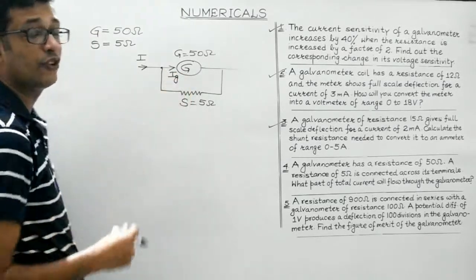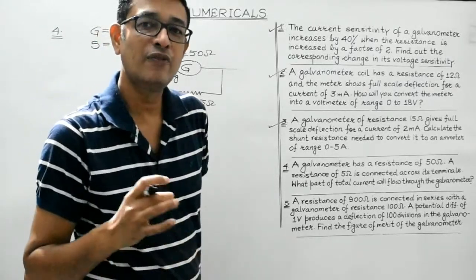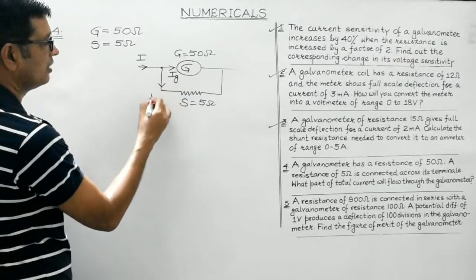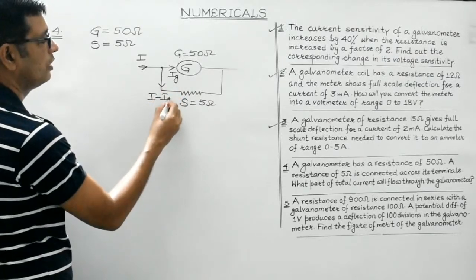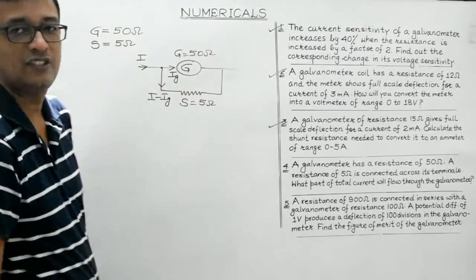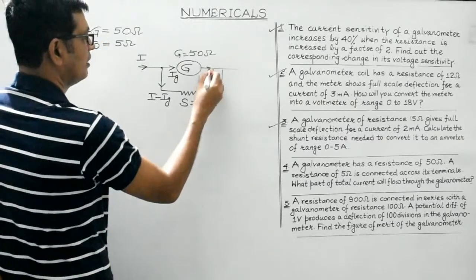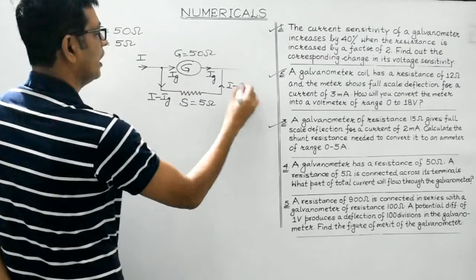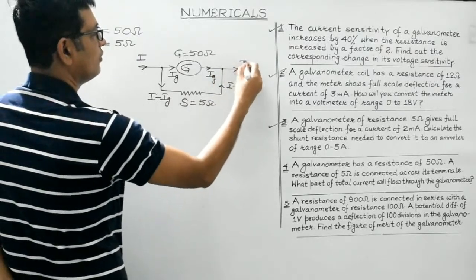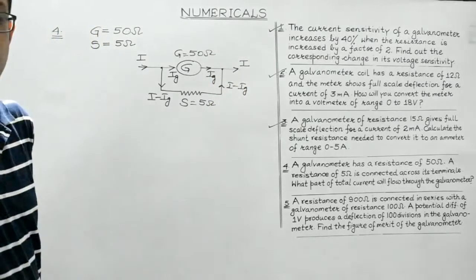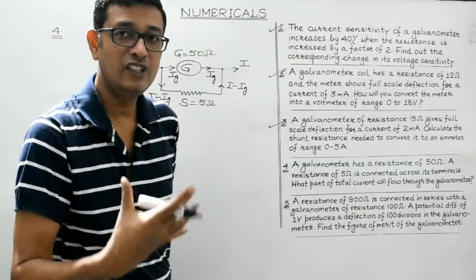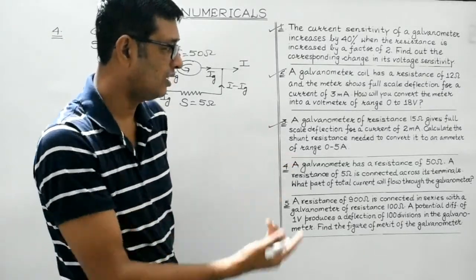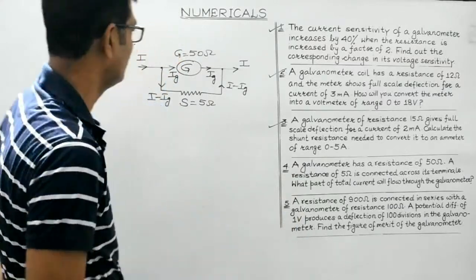It is the current for which the galvanometer shows full scale deflection.